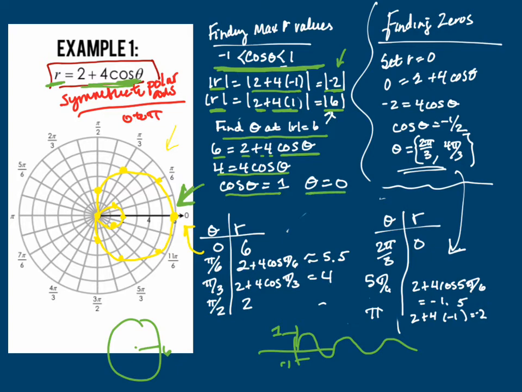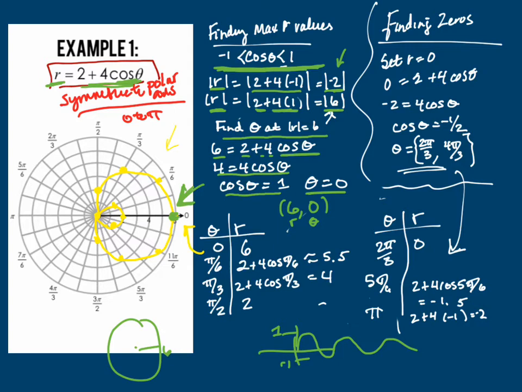It equals 1 at 0. So we have a point right now. I'm sorry, it's r, theta, so I'm giving it to you wrong. It's (6, 0), a point on the graph. This is r, and this is theta. So I know I have this point right here on the graph.